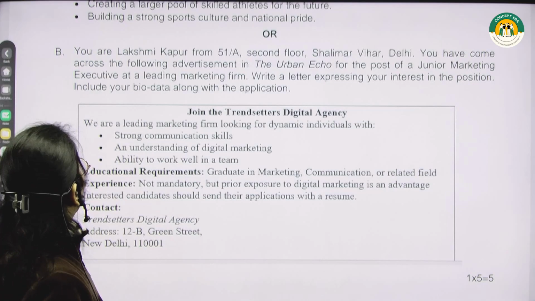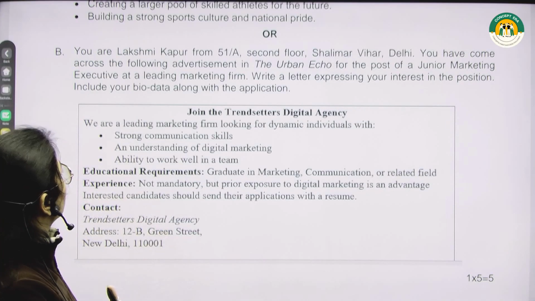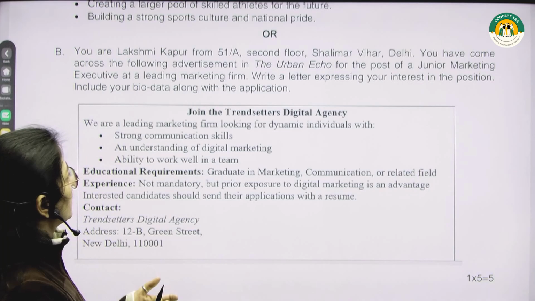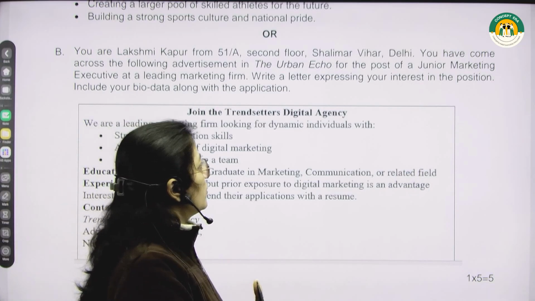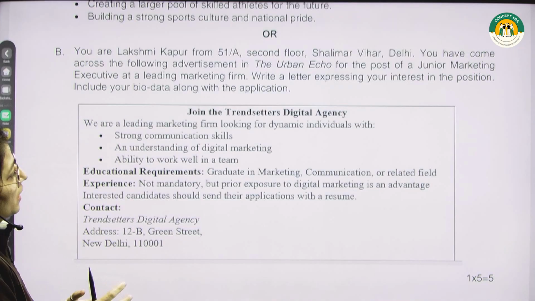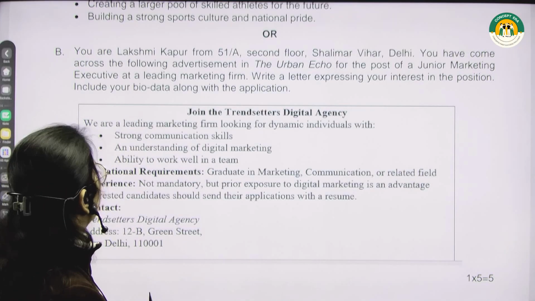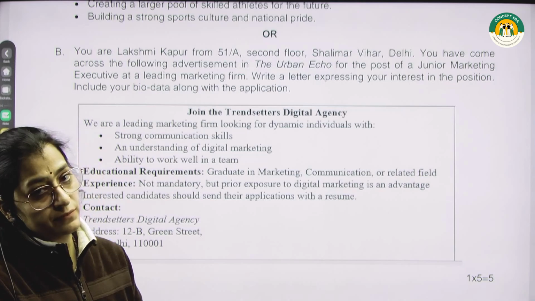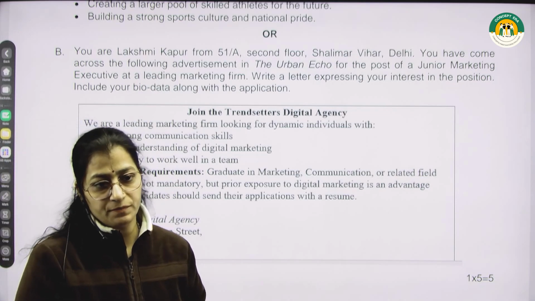You are Lakshmi Kapoor from 15A, 51A, second floor, Shalimar Bagh, Delhi. You have come across the following advertisement in the Urban Echo for the post of junior marketing executive at a leading marketing firm. This is a job application.